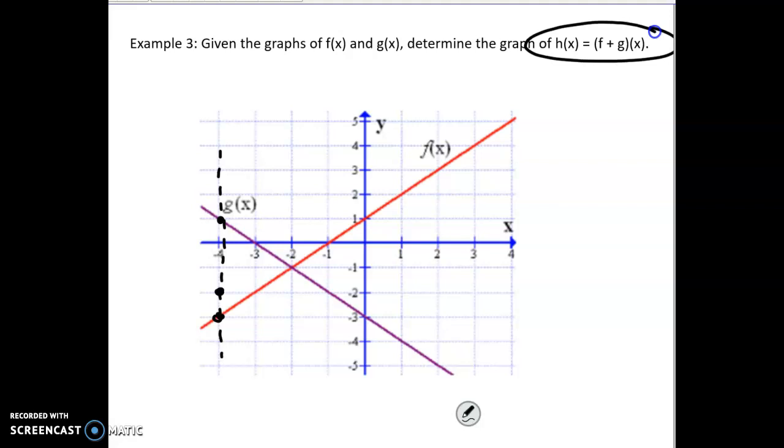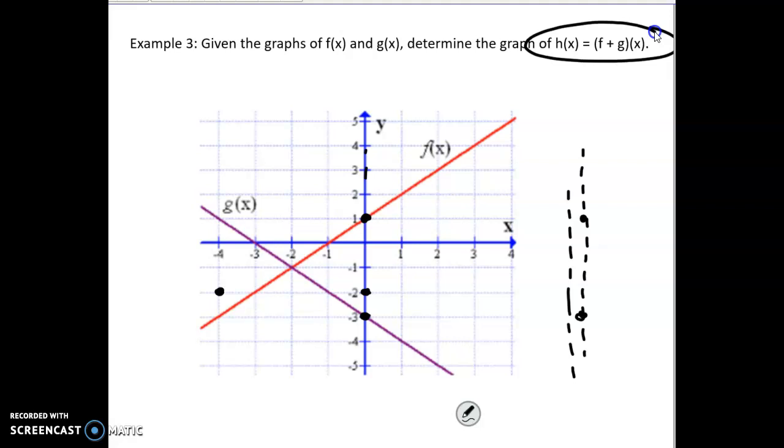And we can do that for other points as well. For example, if I look at the line at 0, we have f, which is at 1, and g, which is at -3. So if I add 1 and -3, I get -2 again. Now let's see, are there any others? So I've got these two -2's. Let's check. Is it always going to be -2?